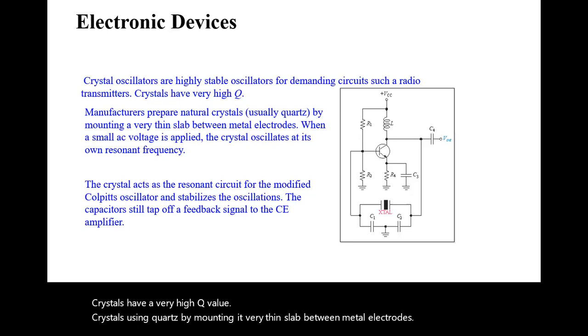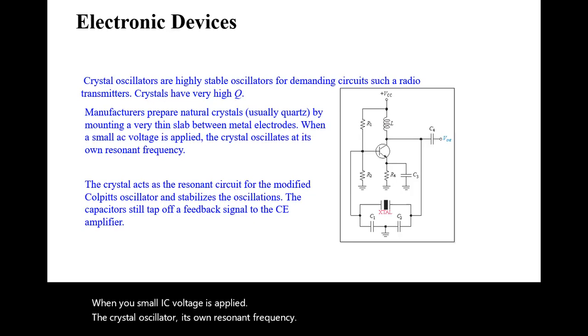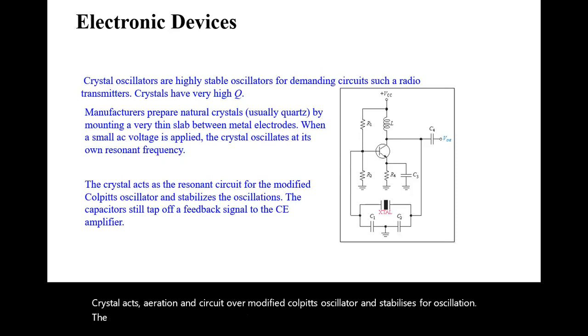When a small AC voltage is applied, a crystal oscillator adds its own resonant frequency. A crystal acts as the resonant circuit of a modified Colpitts oscillator and stabilizes the oscillations. A capacitor still taps off a feedback signal to the common emitter amplifier.